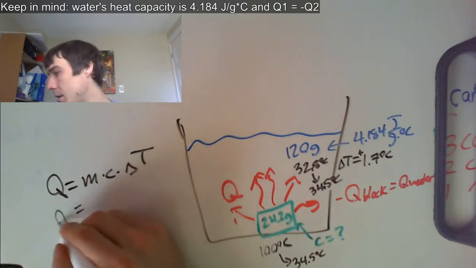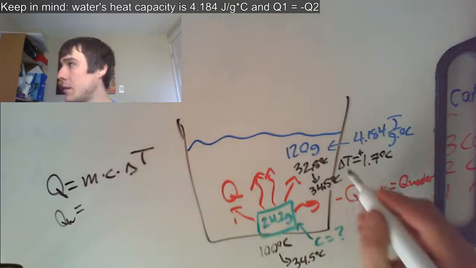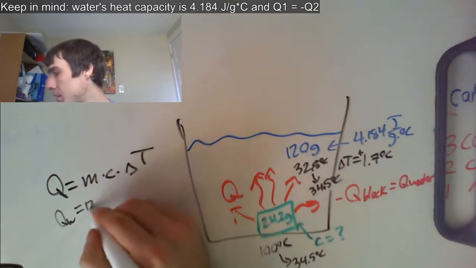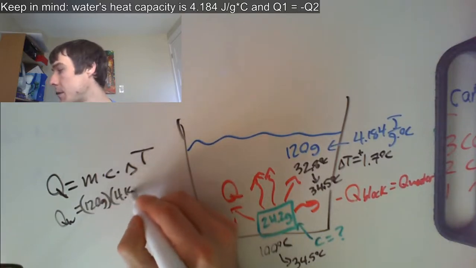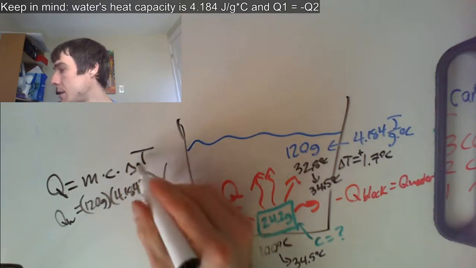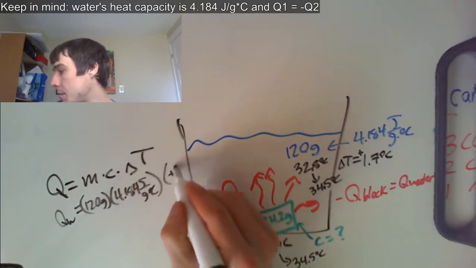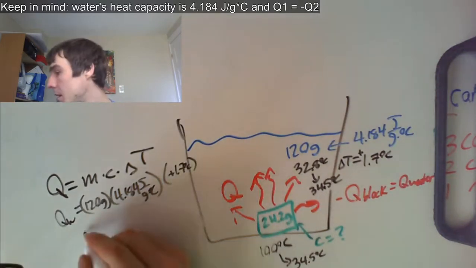The Q of the water is going to be the mass of the water, which is 120 grams here, times the capacity of water, 4.184 joules per gram degrees Celsius, times the delta T, the change in temperature, plus 1.7 degrees Celsius.